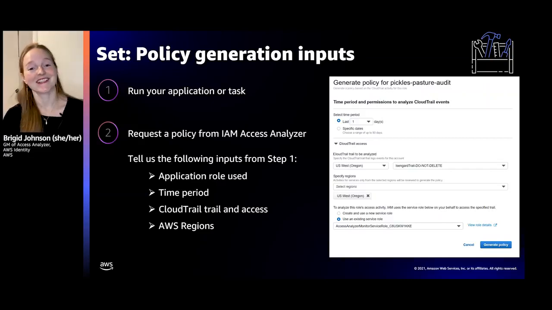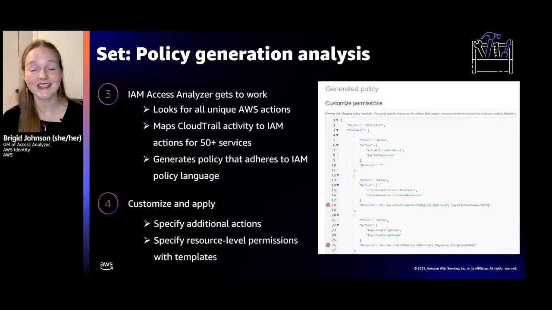All right, and then Access Analyzer gets to work, and this is my favorite part. It goes to your CloudTrail, it looks for all the unique events, and then it maps the CloudTrail activity to the IAM action for over 50 services and more on the way. And then it generates a policy that adheres to IAM policy language. We also include any dependent actions that you might need, and we put spots for resources.